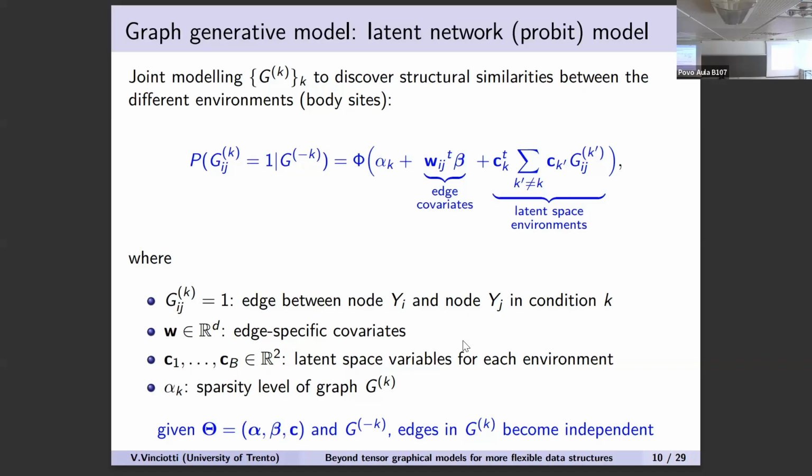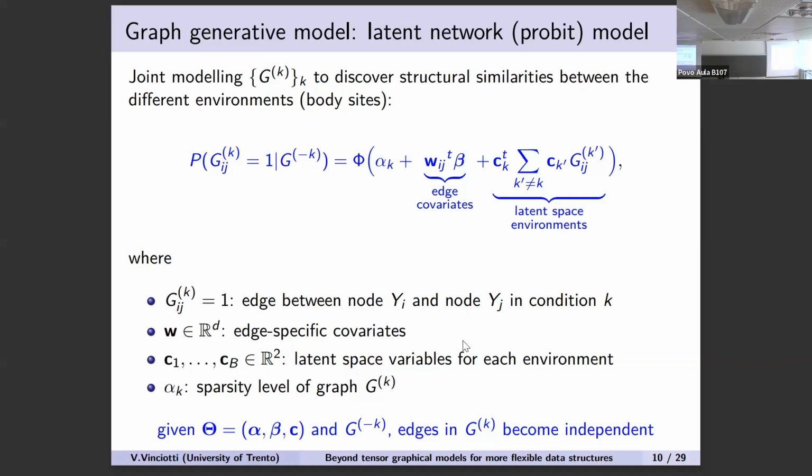So each environment gets two parameters, which are the coordinates of that environment in this latent space. Now, again, another choice: what is the distance between two of these points in this space? That is up to us. We chose the inner product that you see here.